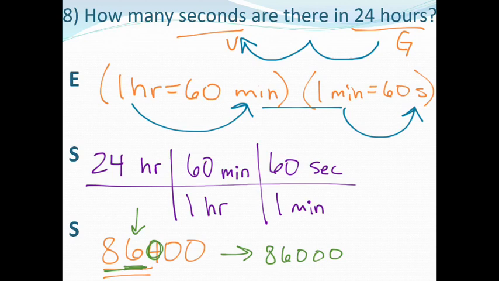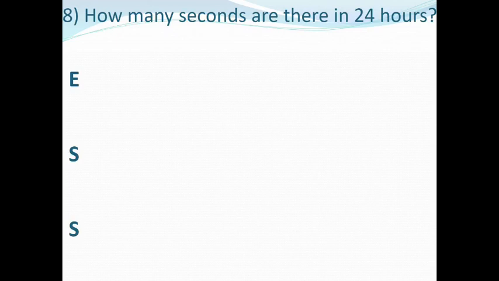So when we round numbers off, if we have a big number like this, then any numbers between the sig figs we're keeping and the decimal place, even if the decimal place is kind of imaginary and invisible, we have to replace those numbers with zeros to keep that place value. So 86,000 seconds is 24 hours. So that's where we're going to call it for now.